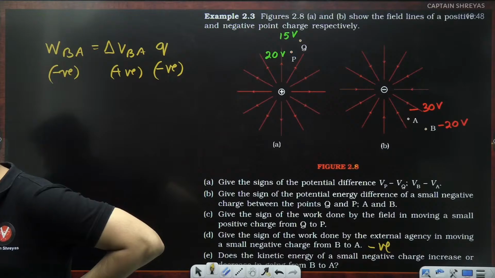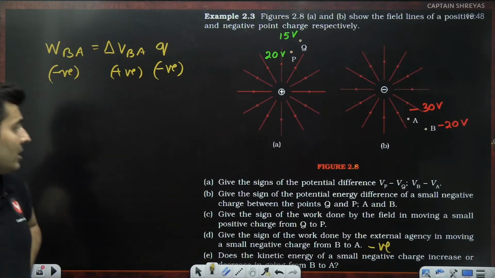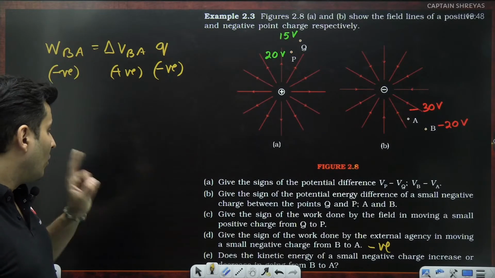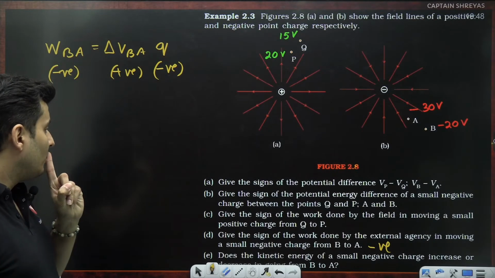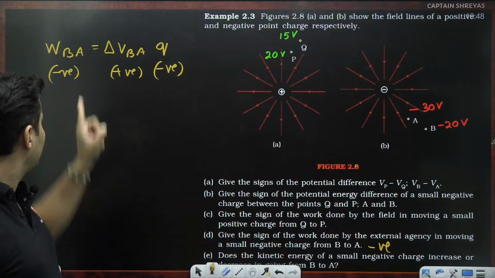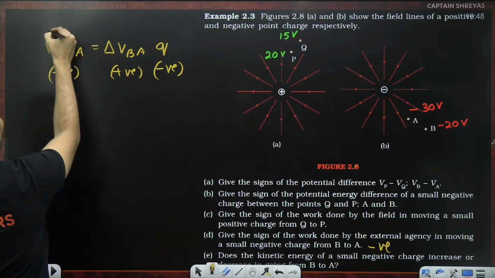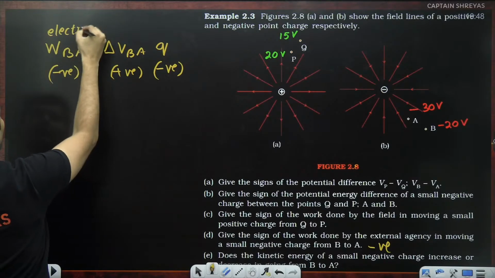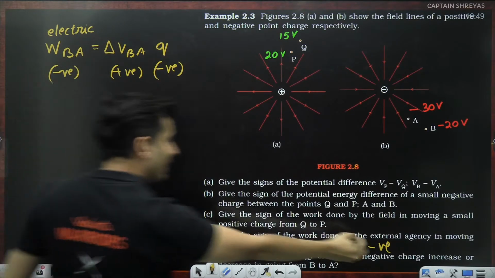Everyone with me? Oh, but be careful. Sorry, this was one small mistake. I took the work done by the electric field. The question is, what is the work done by the external agent?